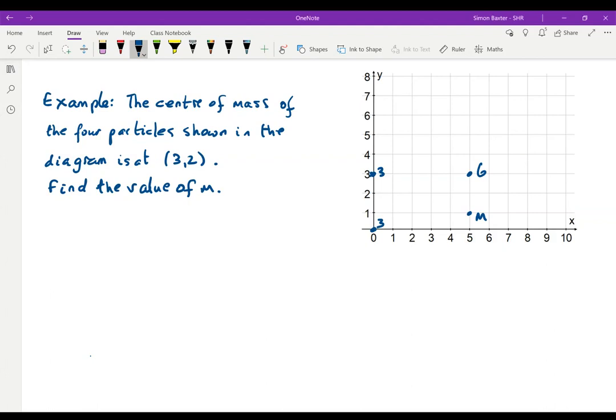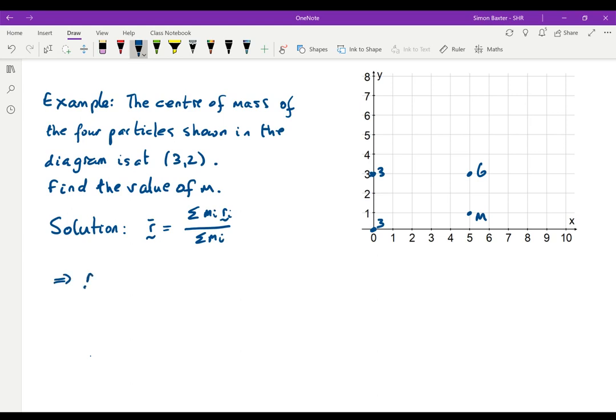Okay, now let's do another example. The center of mass of the 4 particles shown in the diagram is at 3, 2. Find the value of m. Well, let's see what we can do. We're going to use the formula that the center of mass, r bar, is sigma mi ri vector divided by sigma mi.